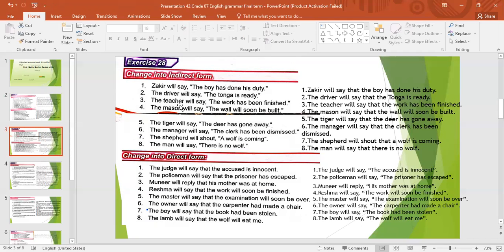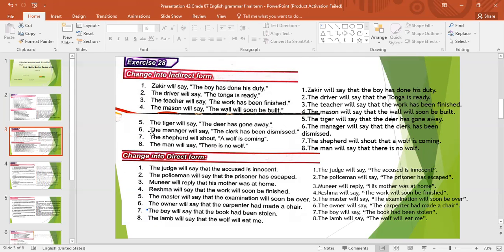The teacher will say, "The work has been finished." Indirect speech: the teacher will say that the work has been finished. Number 4, the mason will say, "The wall will soon be built." Here the indirect speech is: the mason will say that the wall will soon be built.